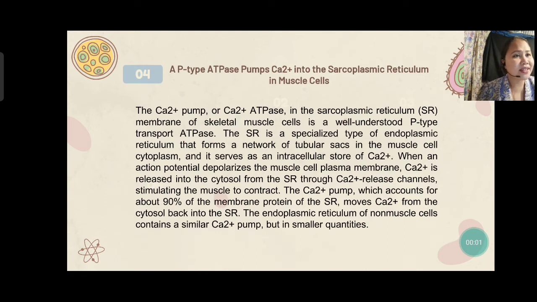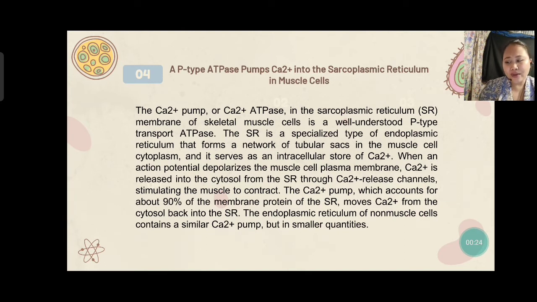ATPase pumps the calcium ion into the sarcoplasmic reticulum in muscle cells. So the calcium ion pump, or the calcium ion ATPase, in the sarcoplasmic reticulum membrane of skeletal muscle cells is a well understood P-type transport ATPase.